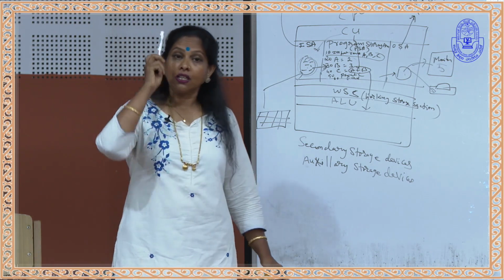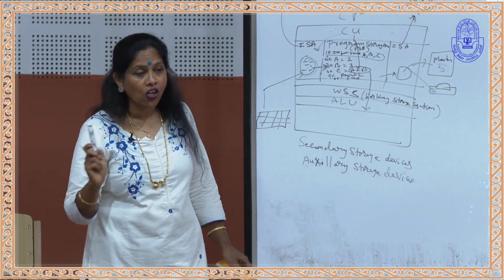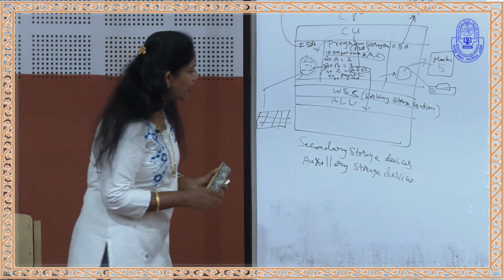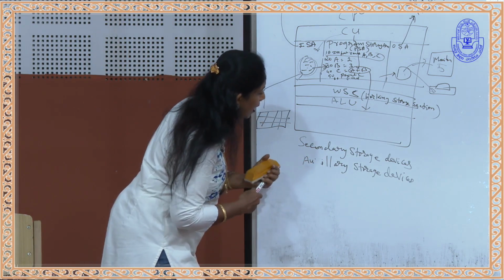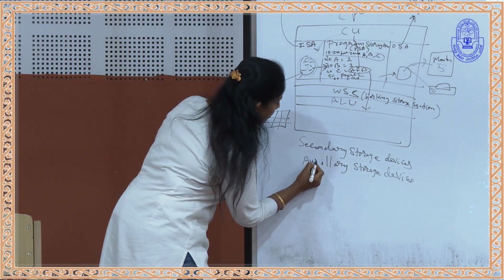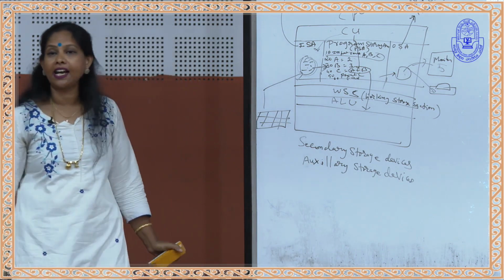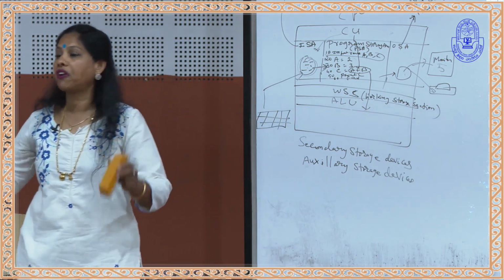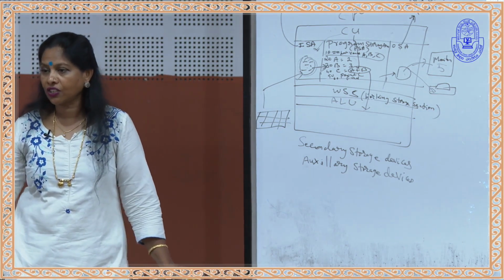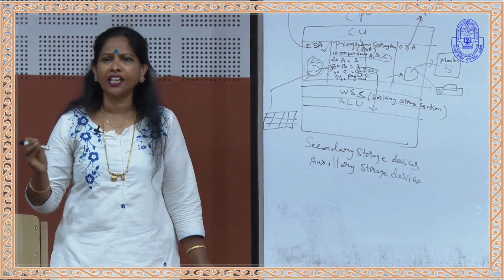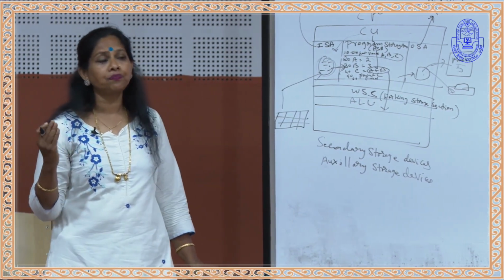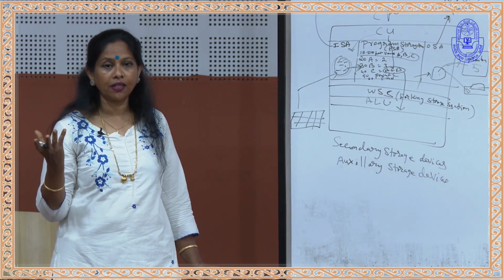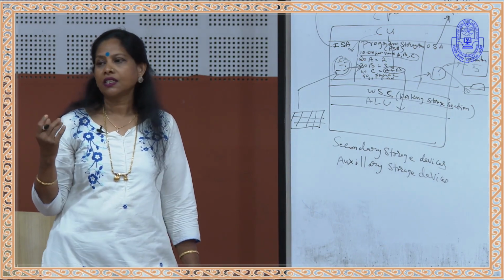Students, write down: secondary storage devices are also called auxiliary storage devices. The spelling is A-U-X-I-L-I-A-R-Y. Auxiliary storage area or auxiliary storage devices. Just now I told you, pen drive, CD read write, external hard disk, floppies, CDs, all this.